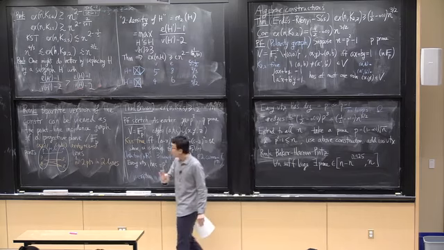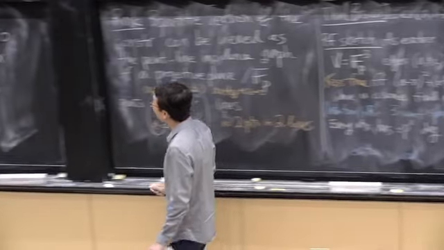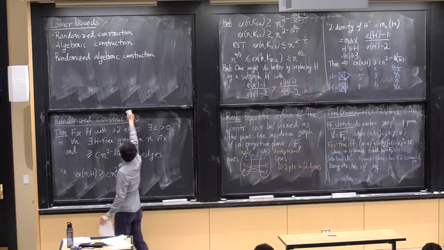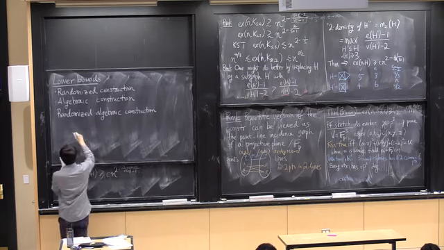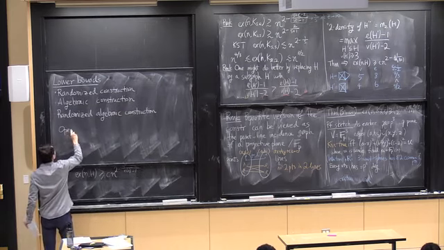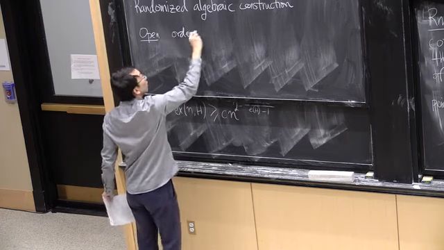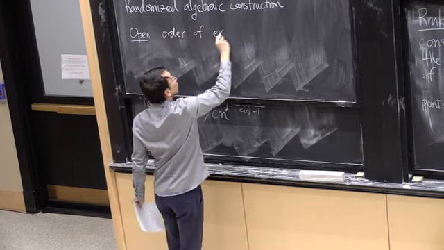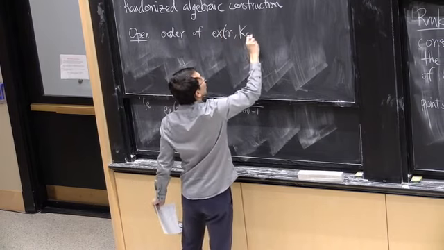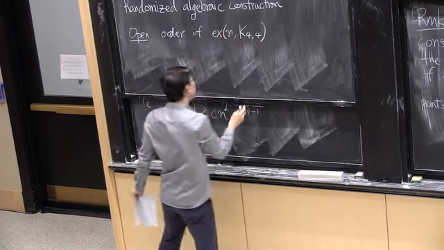As I mentioned, K44 is a major open problem. It is an open problem to determine the order of the extremal number of K44.